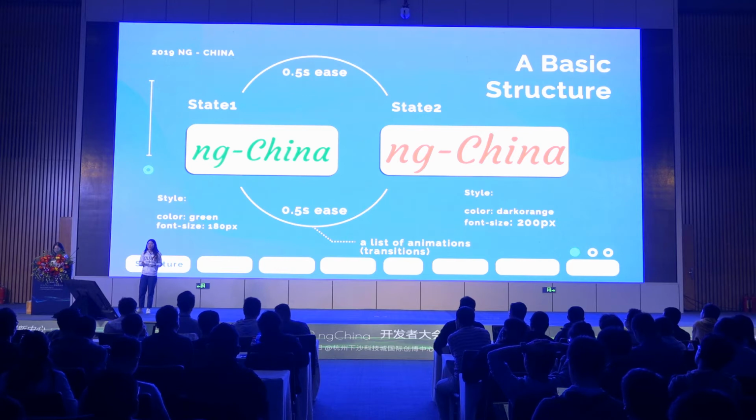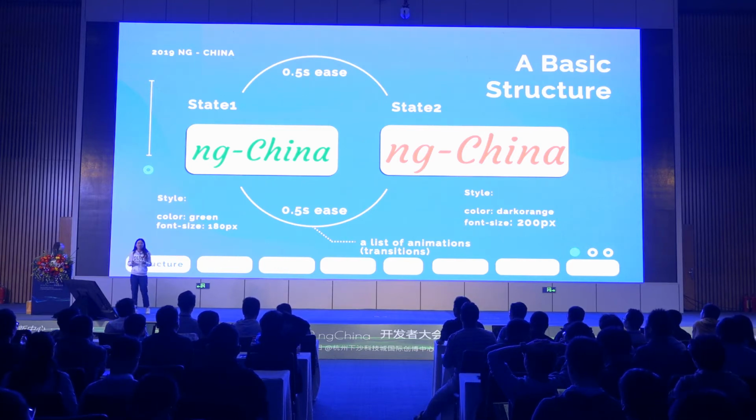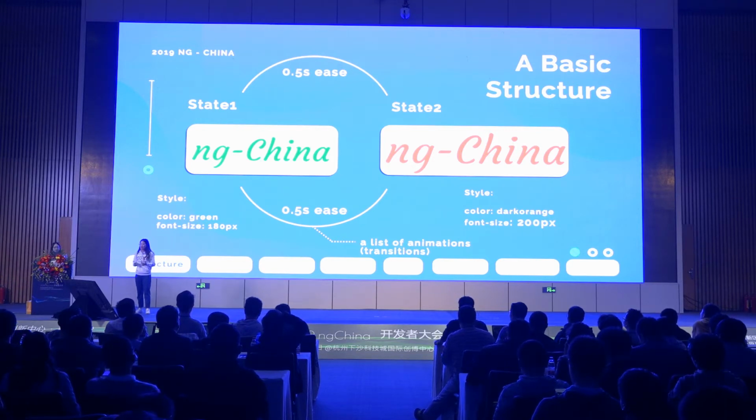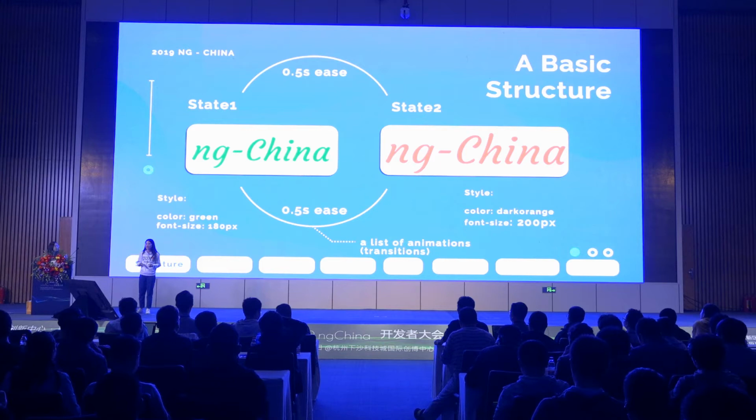So if we want to make this animation really happen, there are another two essential things we have to decide on. The first one is the list of animations that it is going to go through when the transition really happens. And second is the timing property of our animation, which here we decide to set to 0.5 seconds and ease.